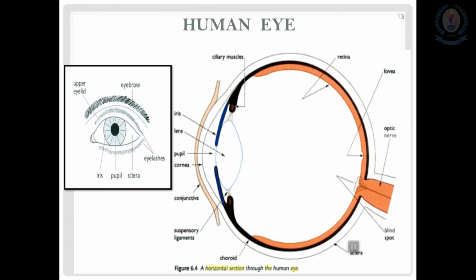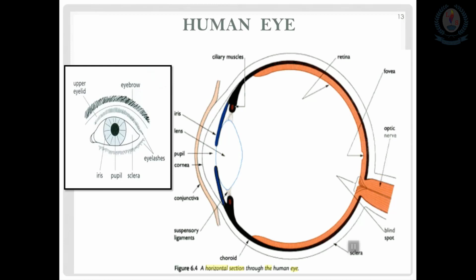The job of the cornea is to start the focusing of the light rays. The light rays then pass through the pupil in the center of the iris. The iris is the colored part of the eye.